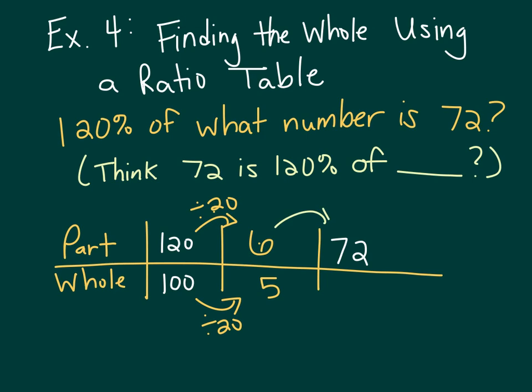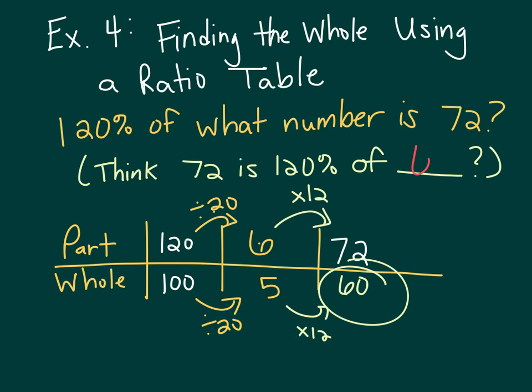And then to go up, I know that 6 times 12 will give me 72. So I could do times 12 on the bottom, and 5 times 12 is 60. So this is the number that we're looking for, and basically that's filling in the statement that we made up here. 72 is 120% of 60.